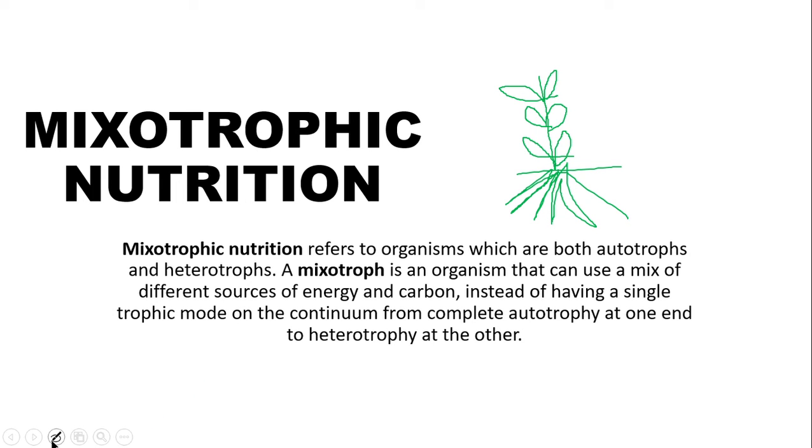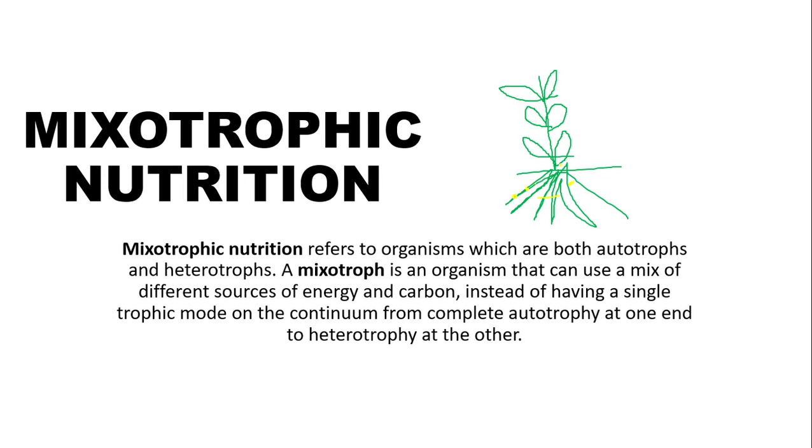So let's take the example of a mixotrophic organism. Let's use another color, yellow. If you remember, legume plants have their nodules. What is stored in their nodules? This Rhizobium bacteria, right?